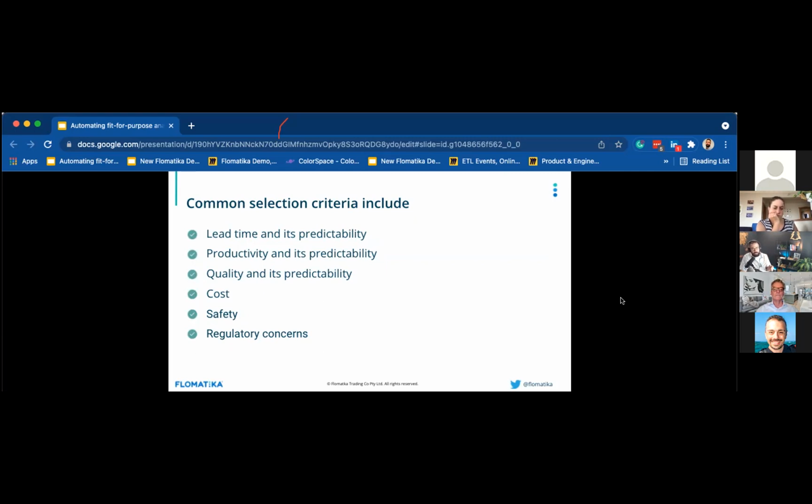So let's say cost or lead time or quality, the customer is actively thinking about that. Some are more unconscious and triggered by exception, usually like safety or regulatory concerns and so on.